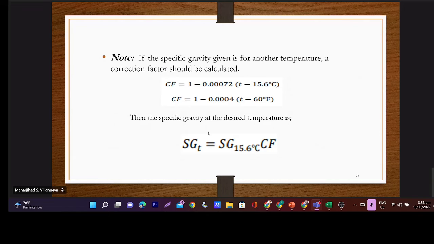For the English unit, we can use CF is equal to 1 minus 0.0004 multiplied to the given temperature minus 60 degrees Fahrenheit. Then the specific gravity at the desired temperature is equal to the specific gravity at 15.6 degrees Celsius multiplied to the correction factor. So next po.